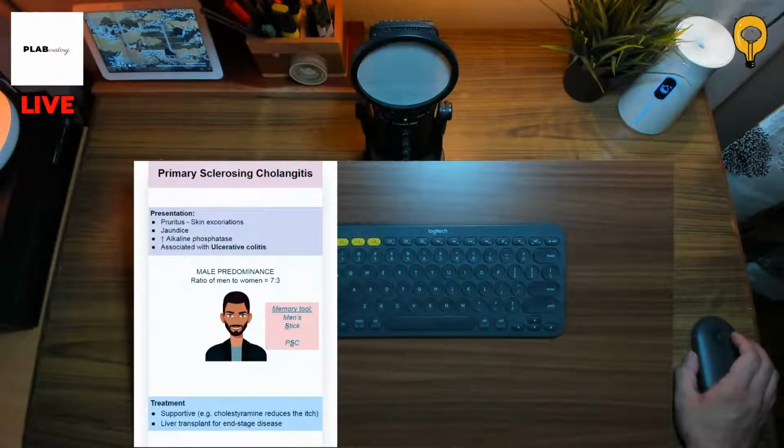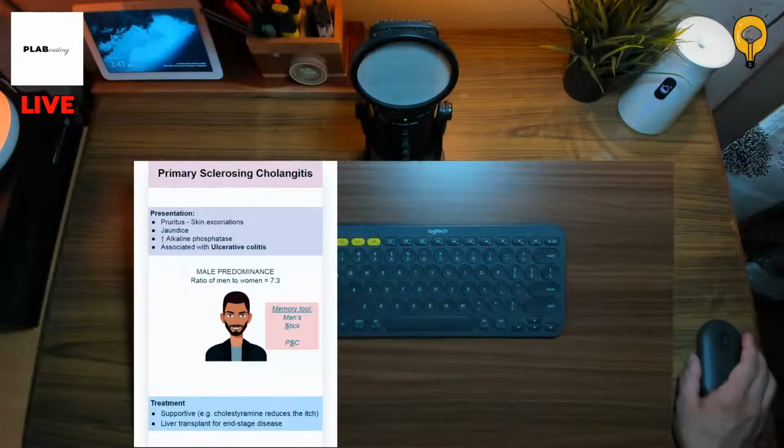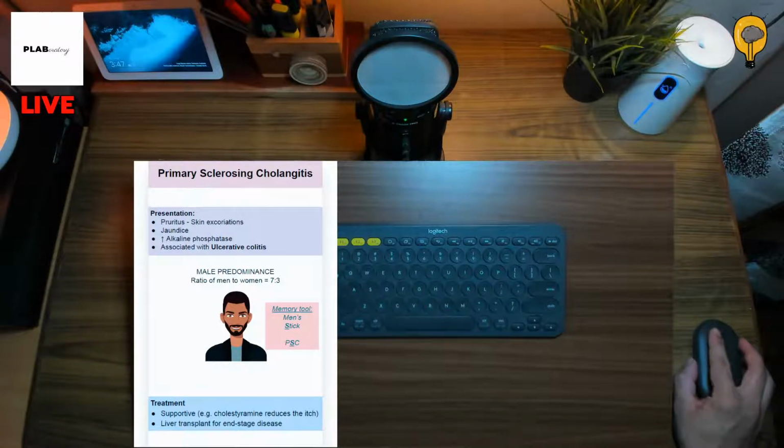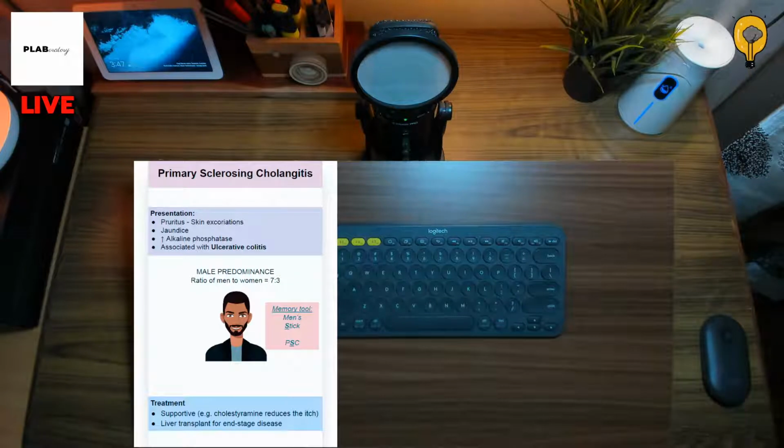The first treatment would be cholestyramine, and second would be liver transplant for end stage liver disease. Cholestyramine reduces the itching, which is supportive, and liver transplant for end stage liver disease. So this is about primary biliary cirrhosis and primary sclerosing cholangitis.